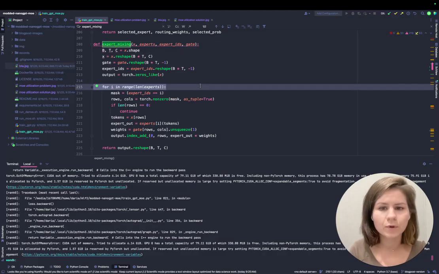Well, as you remember, in part 2 of the MoE series, we discussed that industry standard routing is not deterministic, and hence it is not possible to predict which token will go to which expert in advance. So we have to load all of these experts into the memory, just because we might need them later.